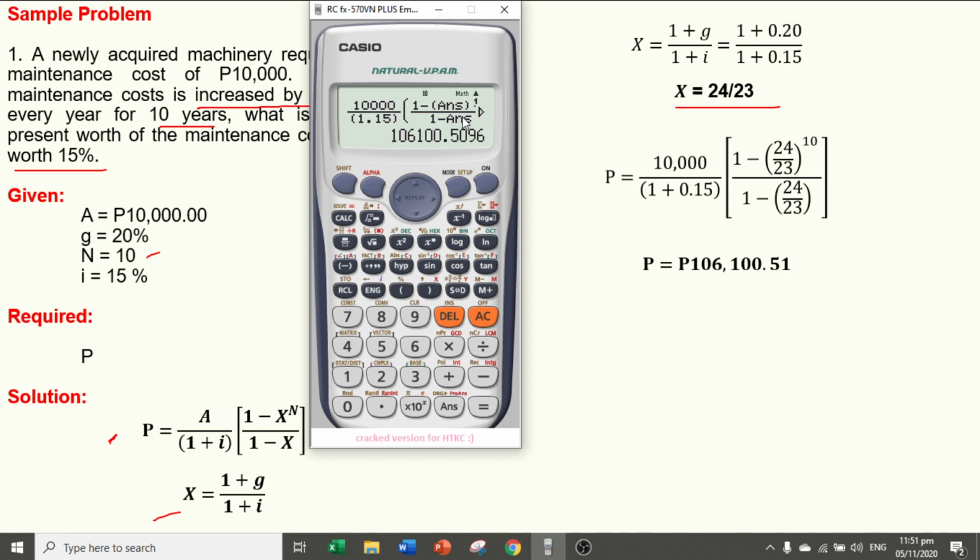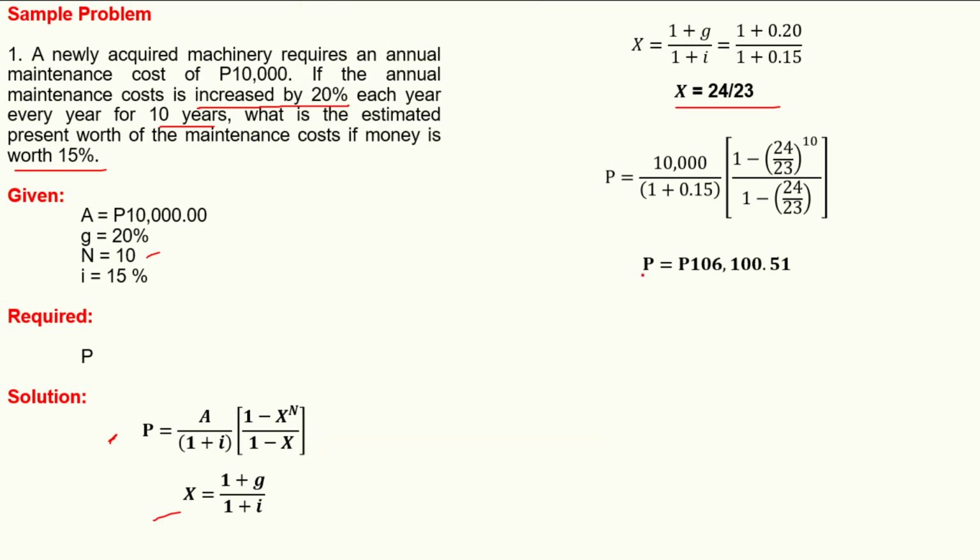Ayun, nasa answer yun. Nakasave pa dun, okay? 106,100.51. Okay? So, yan na yan. Of course, pahirapan ba natin ang buhay natin? Gamitan natin ng Caltech.